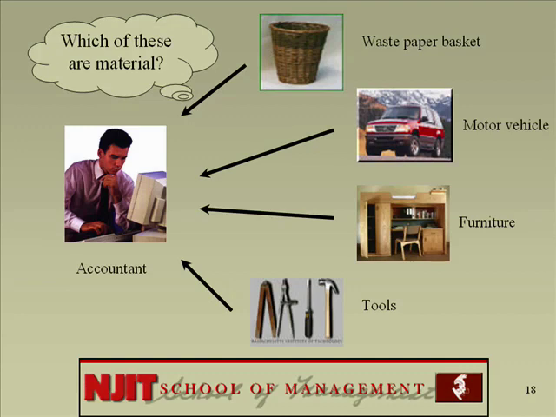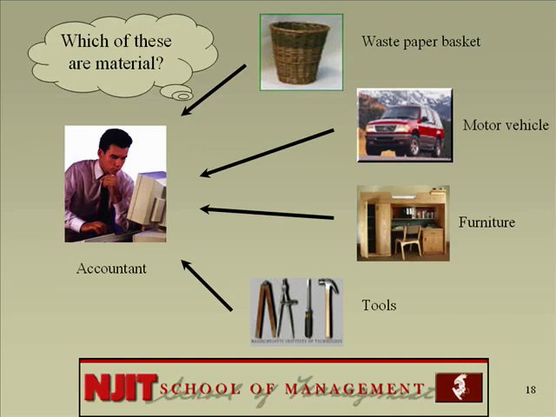Let's take the first one. A waste paper basket is a low-cost asset. Is that material? No. So waste paper baskets aren't shown as assets. They're expensed immediately.